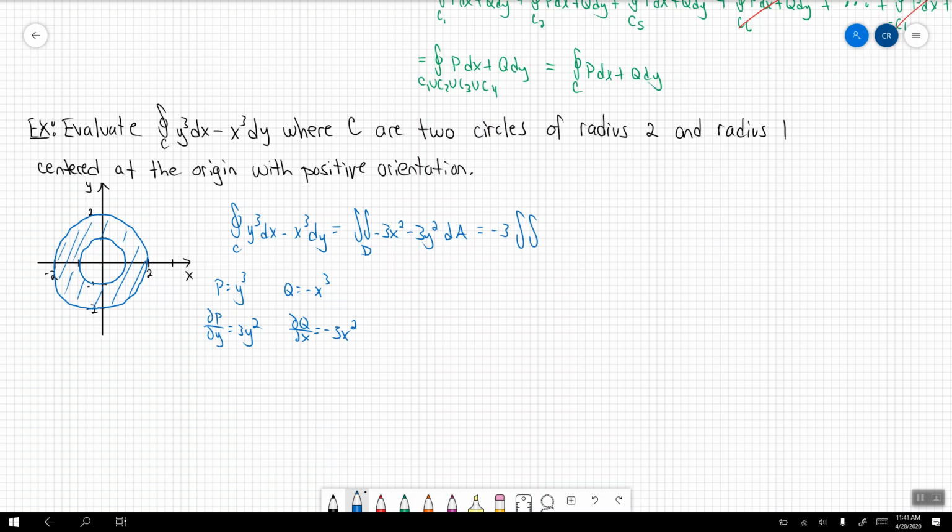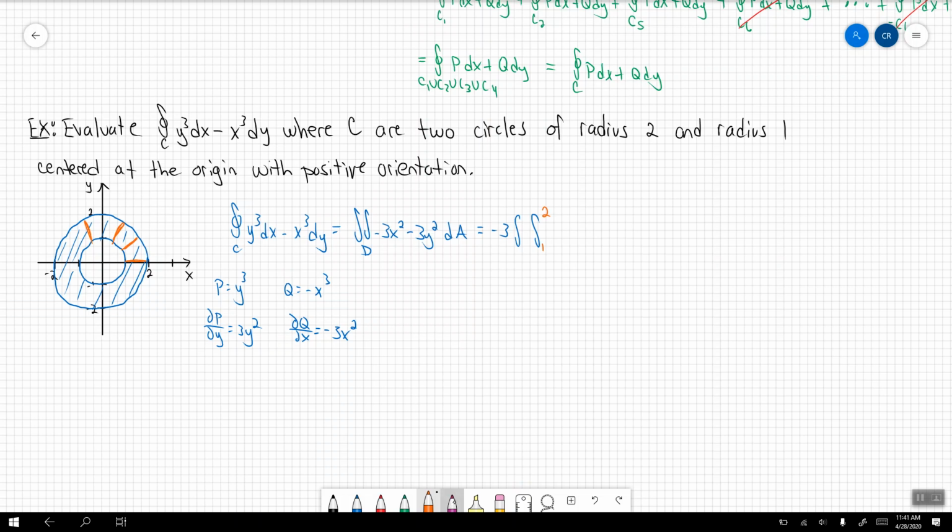Now I want to set up my double integral here. So my double integral over that region, let's see, I need to find the radii. What radii does that region extend through? Well, at all times the radii is just going from 1 to 2. Nice.